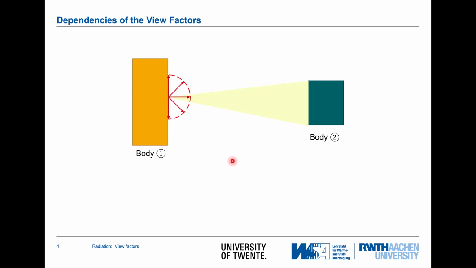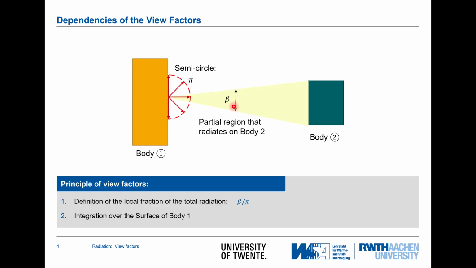And in order to do so, we look at here from this point at a semicircle which contains all the radiation emitted from that point, and a certain fraction hits that body, and we can capture that by the partial region or the angle beta. So the fraction here is then beta divided by the half circle, semicircle by pi. Now we have to do this for any point on the surface, then we have to integrate on the surface of body 1.